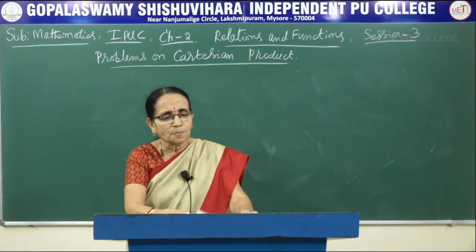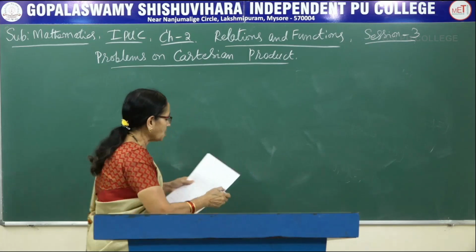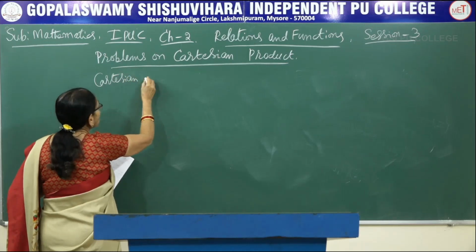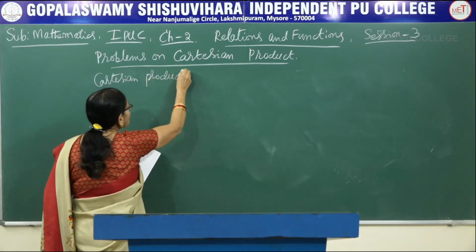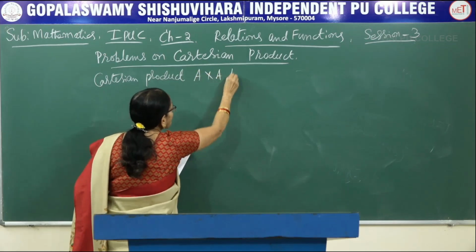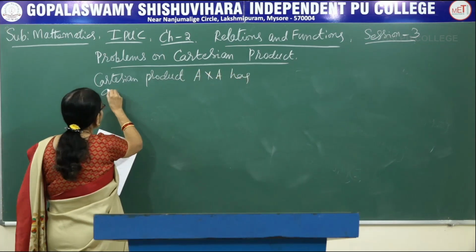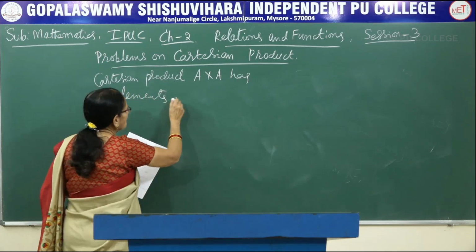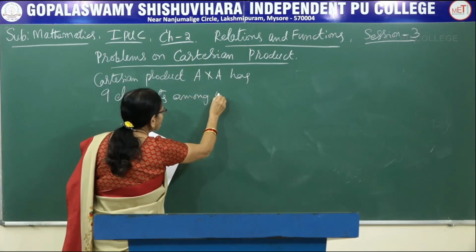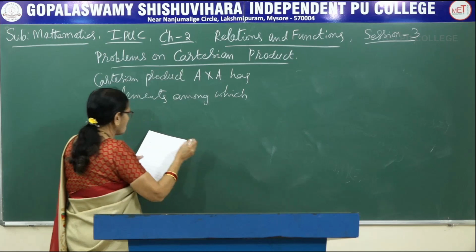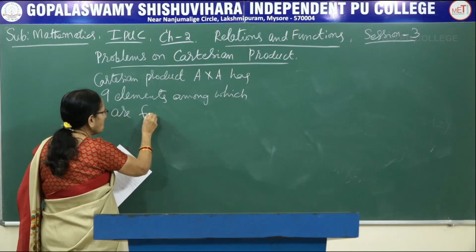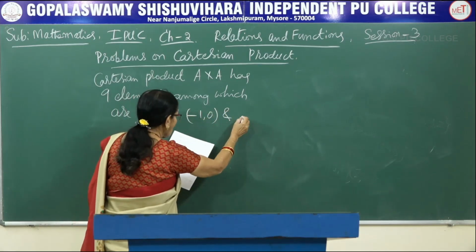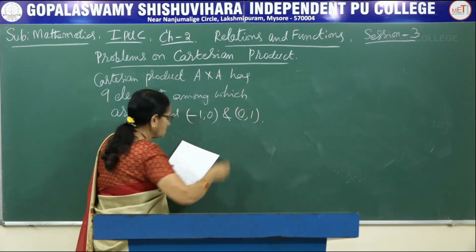Now the next problem. The Cartesian product A cross A has 9 elements, among which 9 elements are found: -1, 0 and 0, 1.